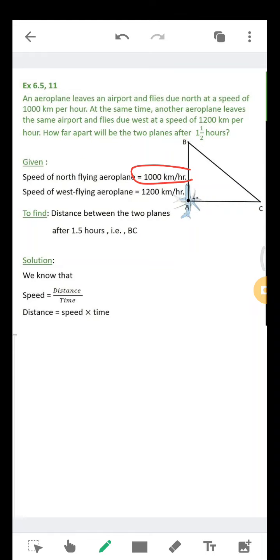To apply Pythagoras theorem, I need the distance traveled by the aeroplane towards north and towards west. Then I can find this distance very easily by using Pythagoras. So let's see how we can find the distance traveled by both the aeroplanes. Distance is equal to speed into time.